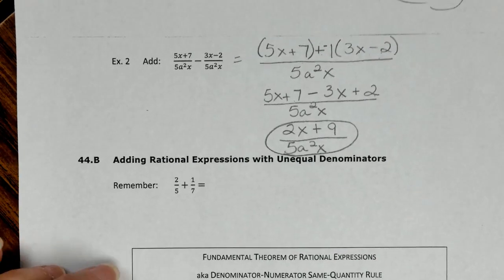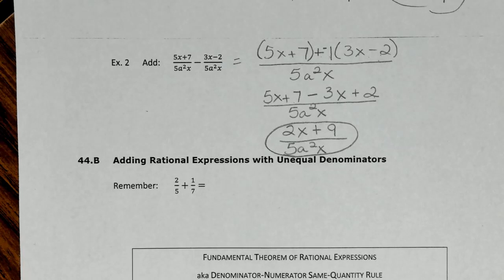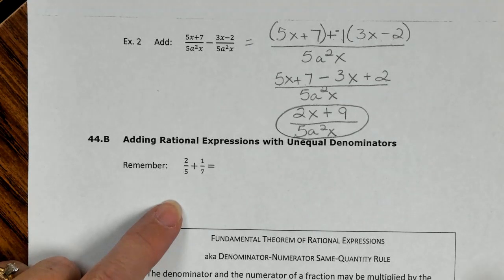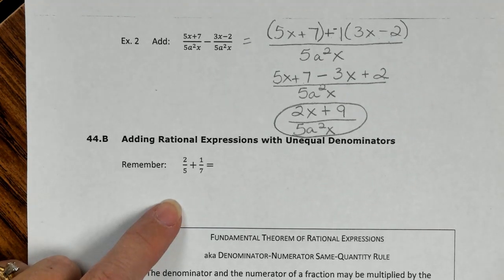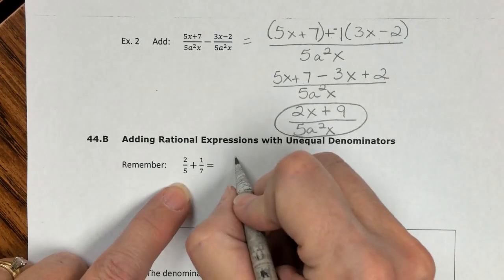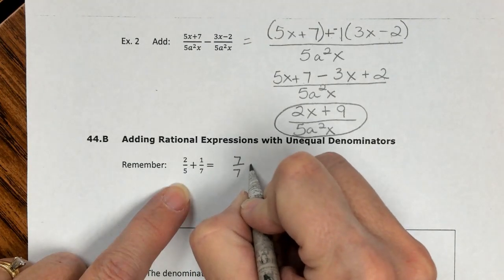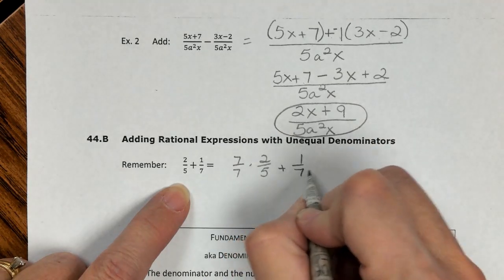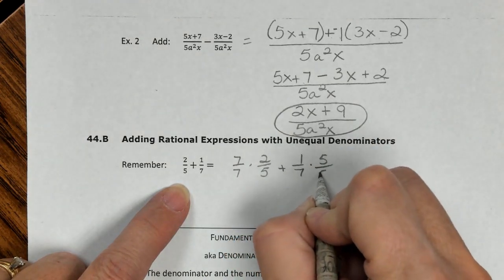In part B, the denominators do not start out the same. First we're going to look at this problem. We've been doing this kind for years. If we're supposed to add these, they have to have the same denominator first. So our first step would be to do 7 over 7 times 2/5 and 5 over 5 times 1/7.